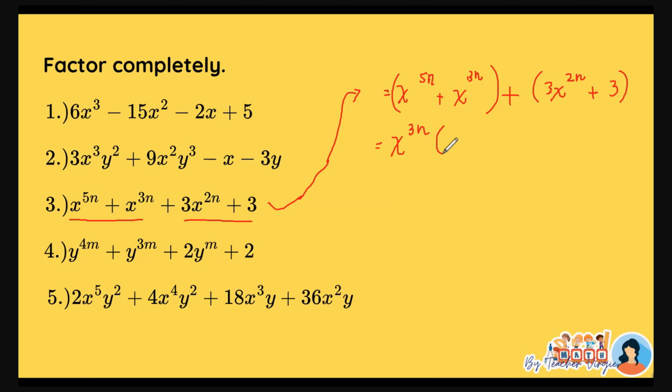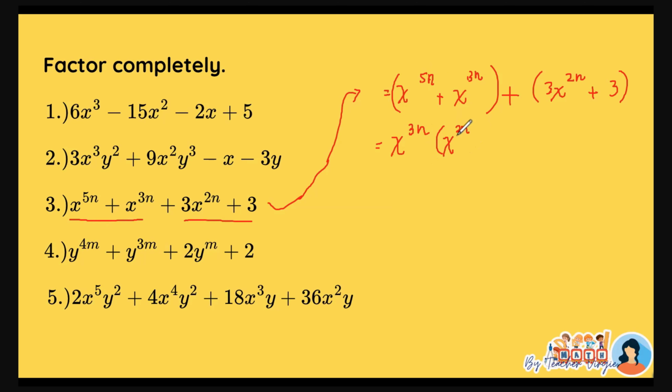Then let's apply the rules of multiplication for exponents. For 5n, we can subtract, because subtraction is the opposite of addition. So 3n plus 2n is 5n, so 5n minus 3n is 2n.